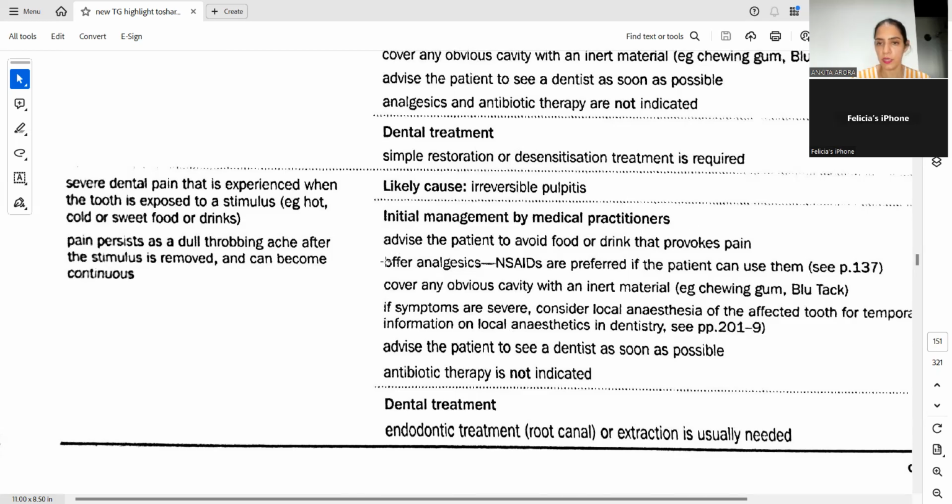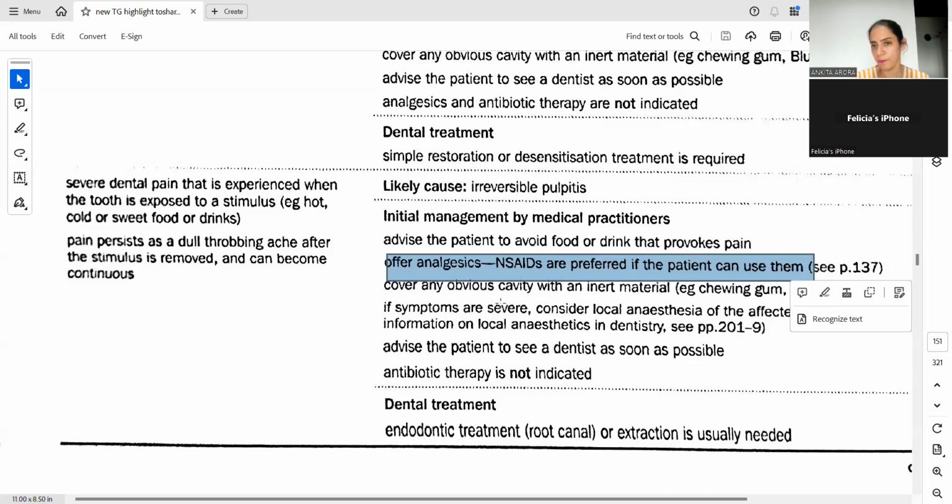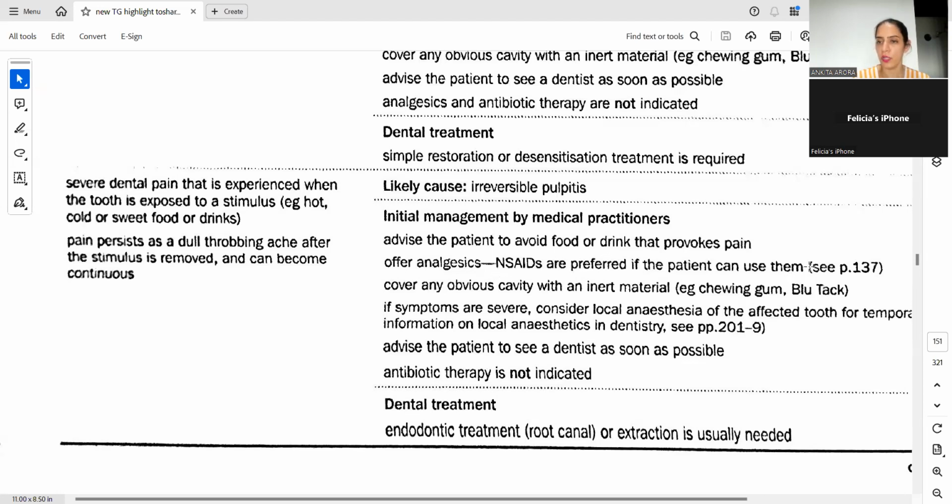Again, these things remain the same: not to eat food or drink that provokes pain. Here, medical practitioners offer analgesics; NSAIDs are preferred if the patient can use them. That means the patient does not have renal or liver conditions compromising the safe use of NSAIDs.